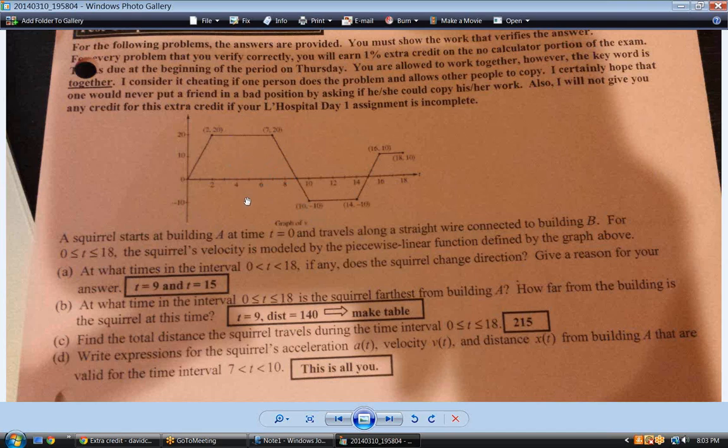All we need is the area of a trapezoid. One base is 9, the other base is 5. The average base is 7, and the height is 20. That's 140, the area of that trapezoid. Not sure what she wants from the table.